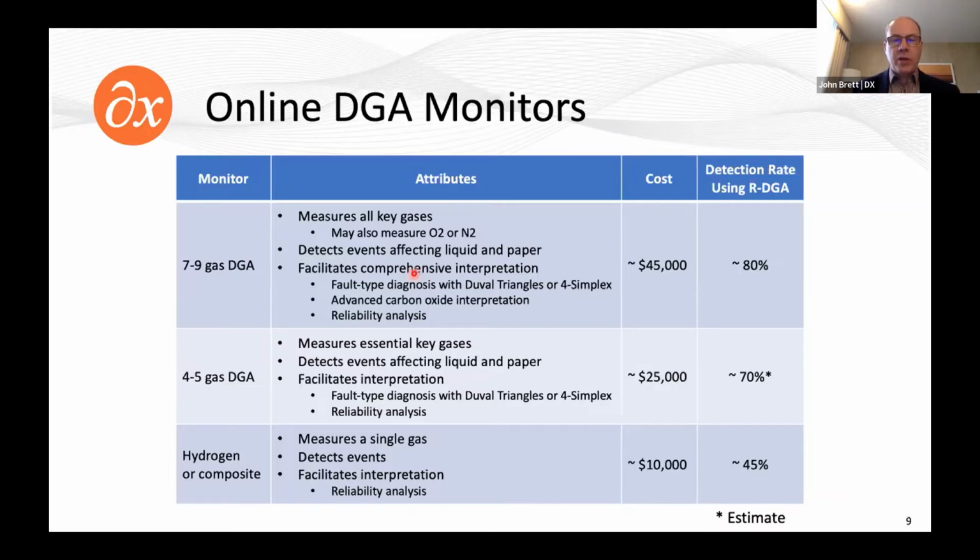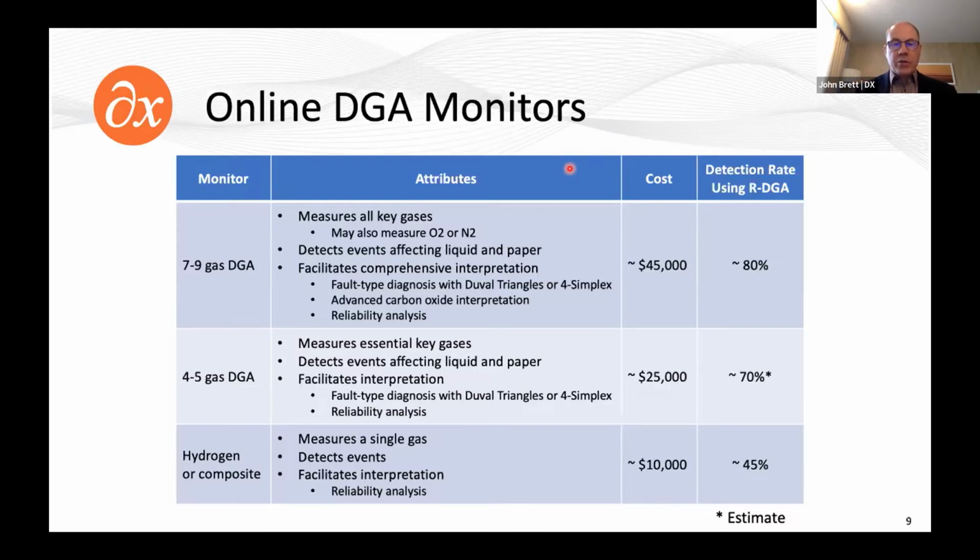Some of them also measure oxygen and nitrogen, which will give you an indication of whether the transformer might be leaking. I think all the 7 to 9 gas monitors have some form of leak detection, and they all provide the ability to do a comprehensive interpretation of the gases, including your fault type diagnosis with Duval triangles or 4-simplex.